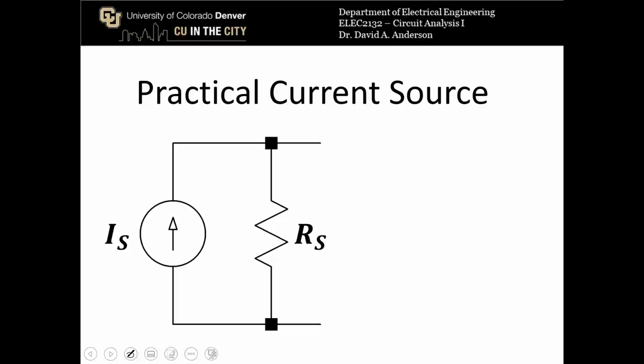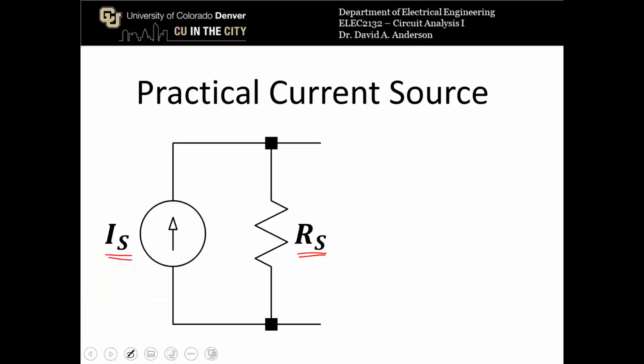A practical current source, additionally, is an ideal current source, I sub S, in parallel with a resistor, R sub S, because a current source, I sub S, that is connected to an open circuit will create an infinite voltage, therefore supplying infinite power, and that's not a realistic scenario.